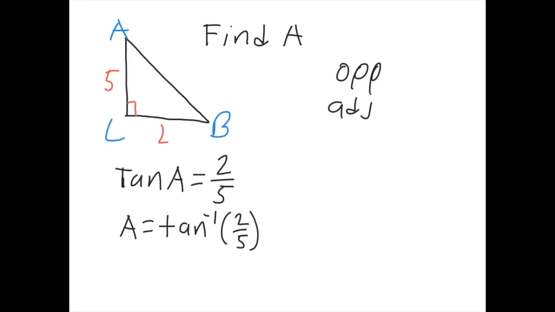So if the tangent of A is 2 over 5, then A is equal to the inverse tangent of 2 over 5. So in your calculators, you would find out what is the inverse tangent of 2 over 5. And round to the nearest 4 decimal places. So A will be approximately equal to 21.8014. So we found what angle A is.